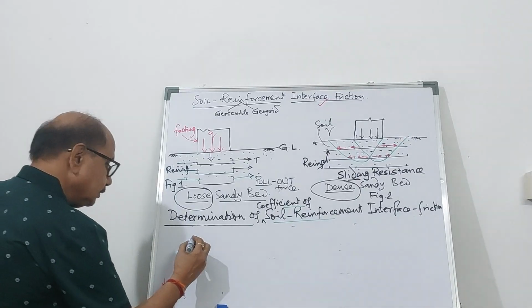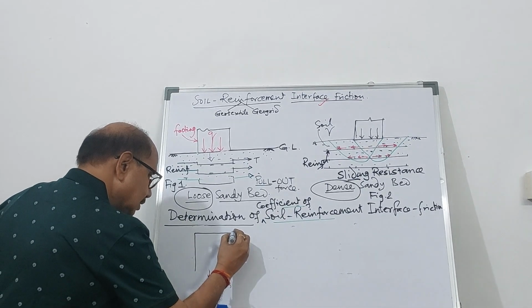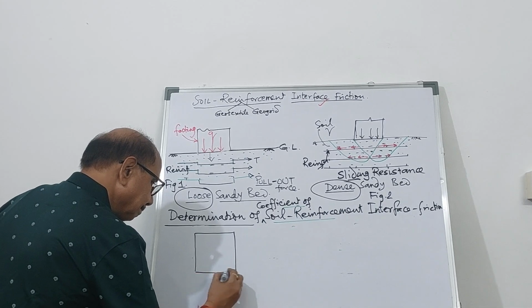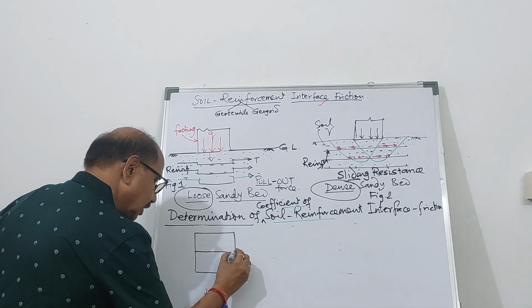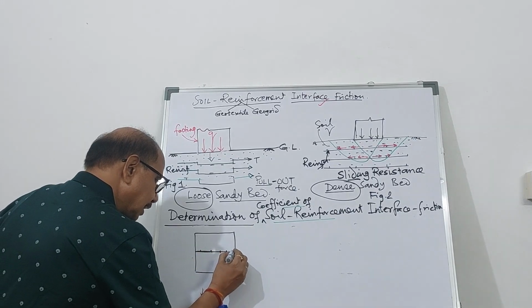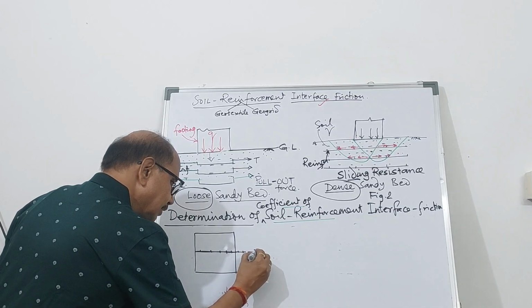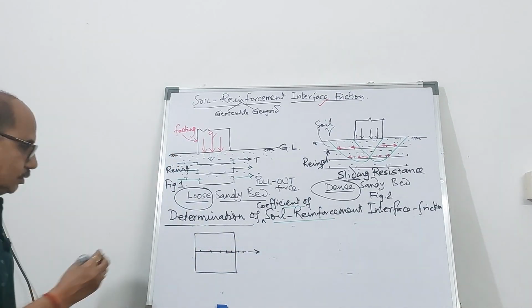You can have a setup like this. There is a hole. There is the reinforcing element. And this reinforcement element is to be pulled out.